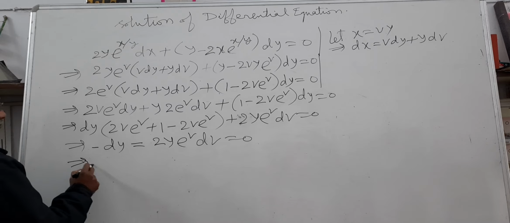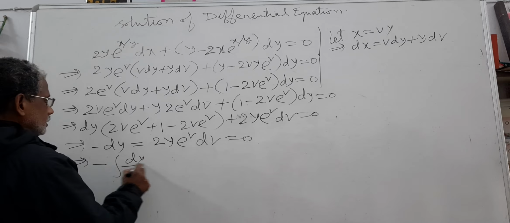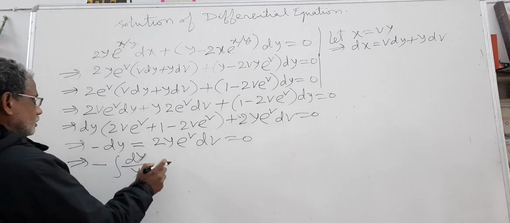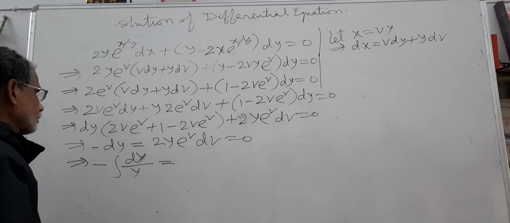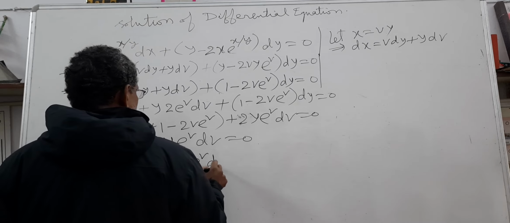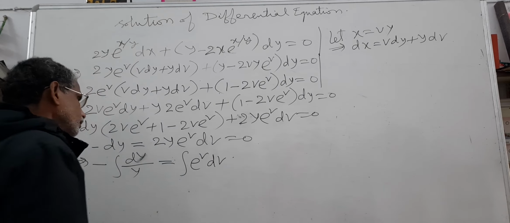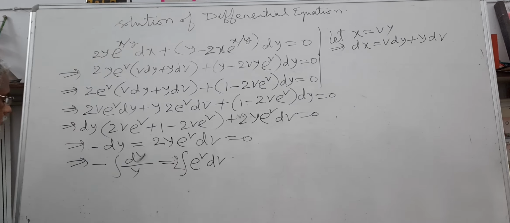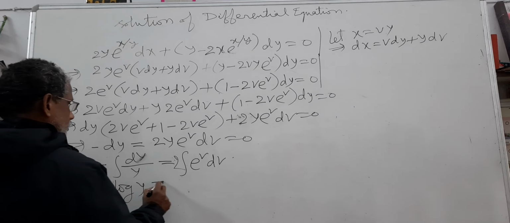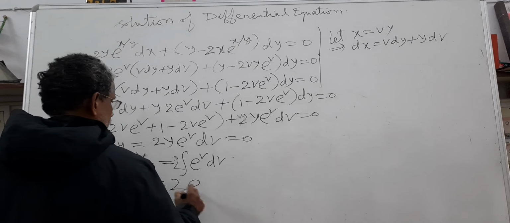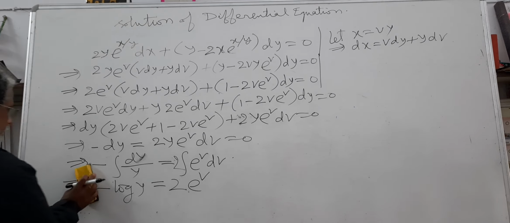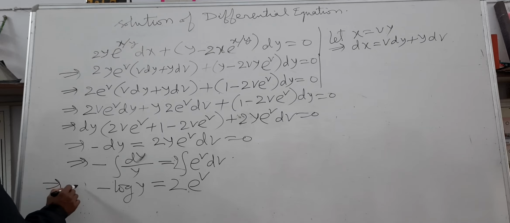This implies minus dy upon y is equal to 2 e to power v dv. This implies minus log y is equal to 2 e to power v, and you can add plus c here.